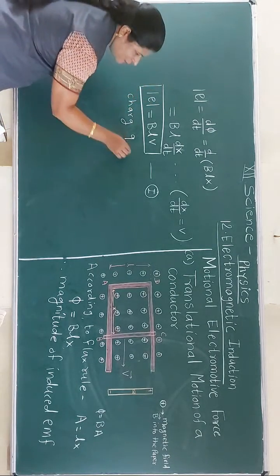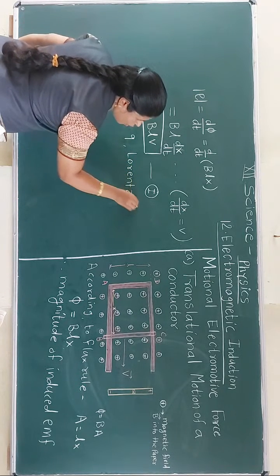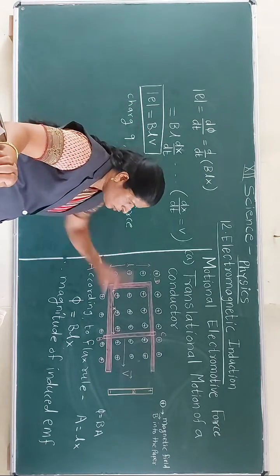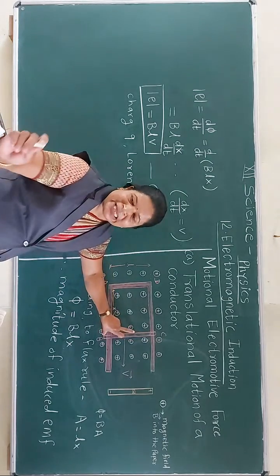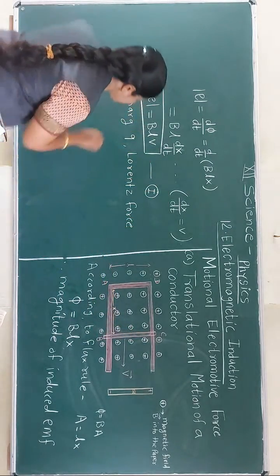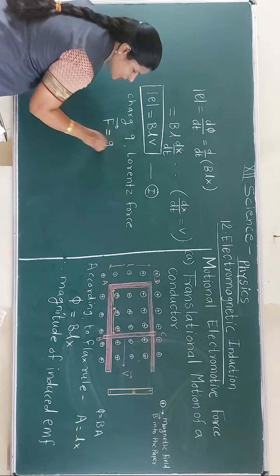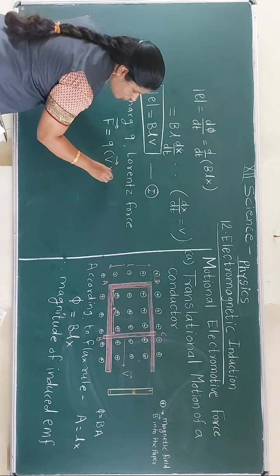So by the Lorentz force acting on this side BC, we get vector F is equal to q into v cross B.